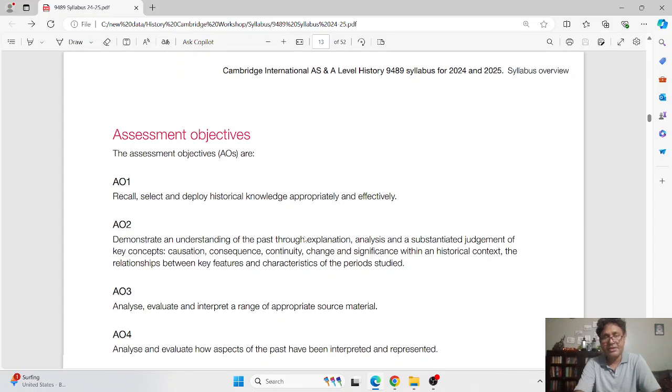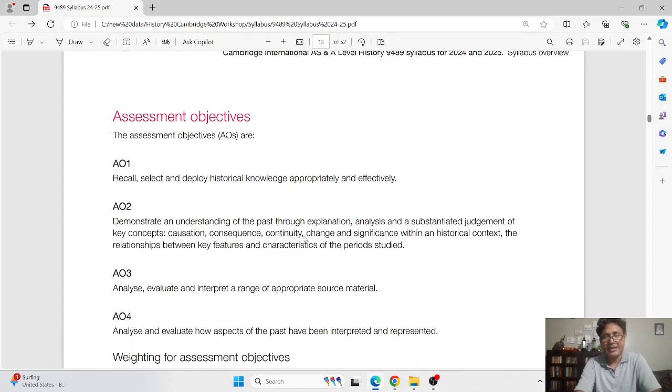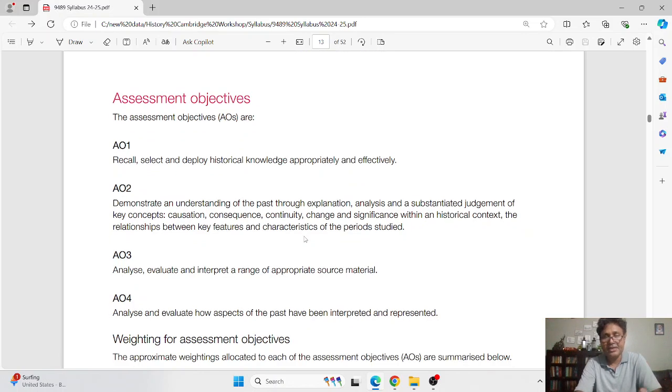Now this was all about the syllabus. Now we have some skills that are demonstrated in the responses that the candidate produces. So what are the key skills? Key skills are defined in assessment objective 1, assessment objectives 2, 3 and 4, as you can see. These we will discuss later, but I can just briefly have a look at them.